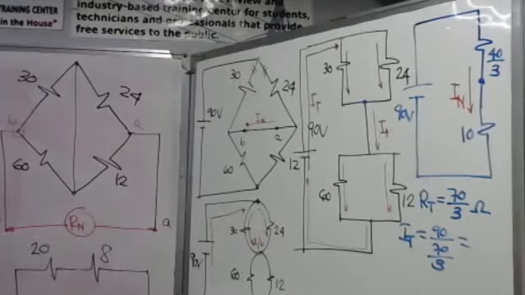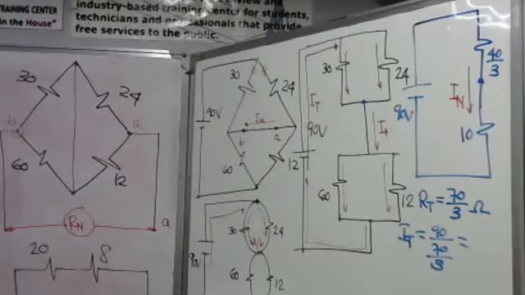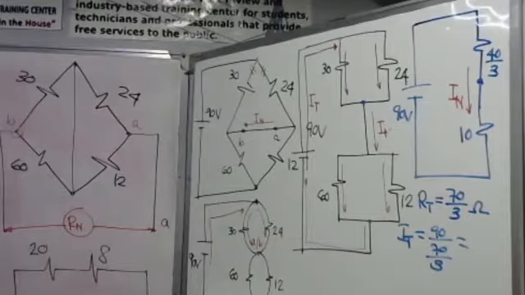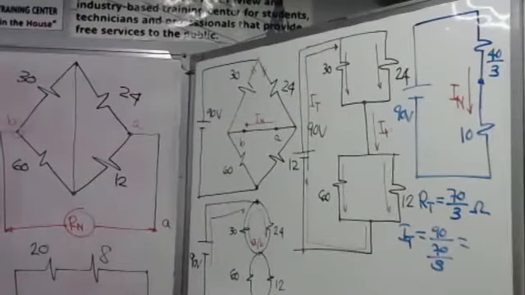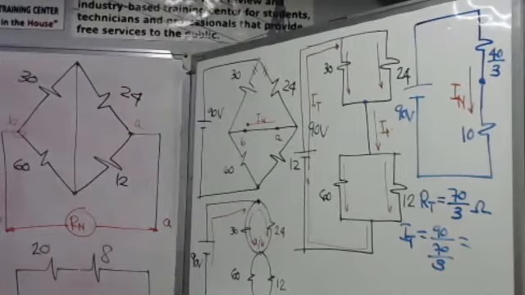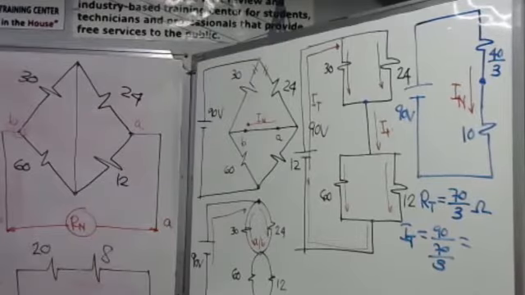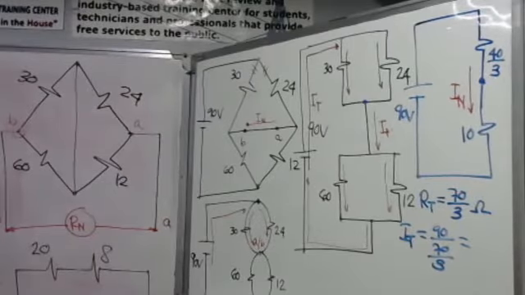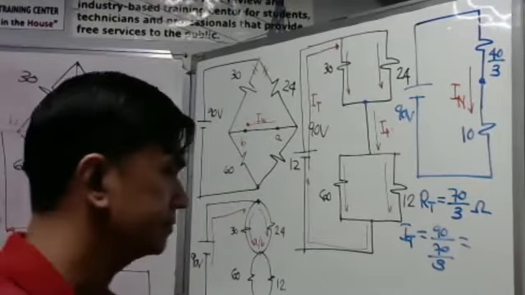Okay, so we have 60 times 12, then divided by 60 plus 12 equals, so we have 10. Okay, so we have this, so therefore 90 divided by 70 then over 3. So the answer is around 3.86.